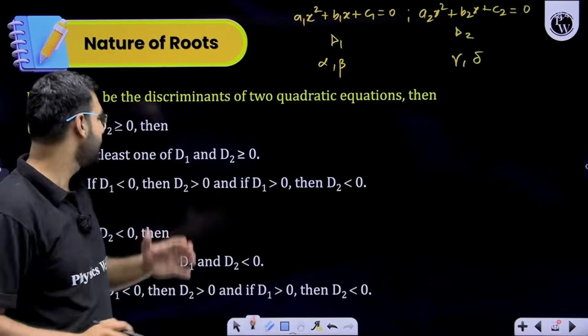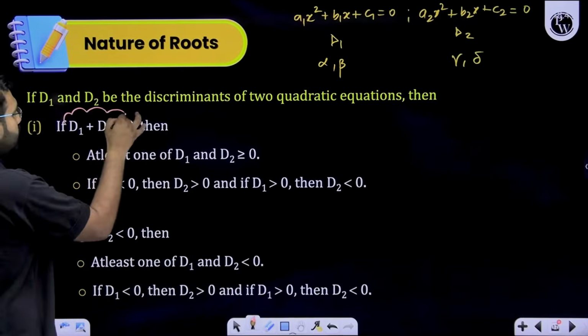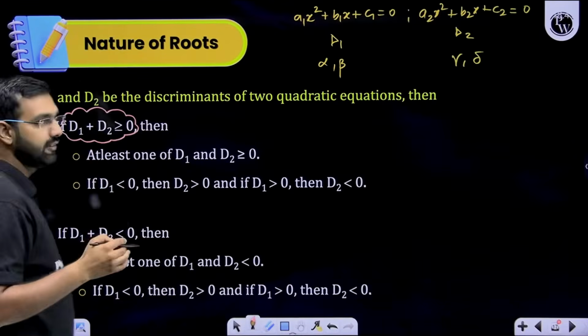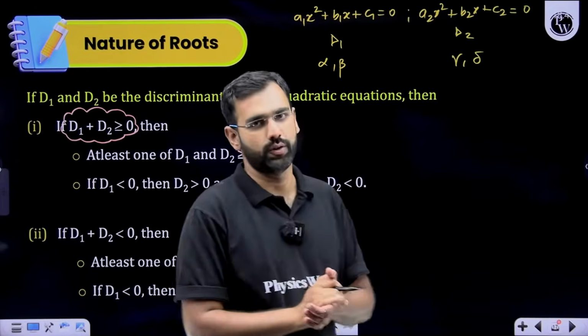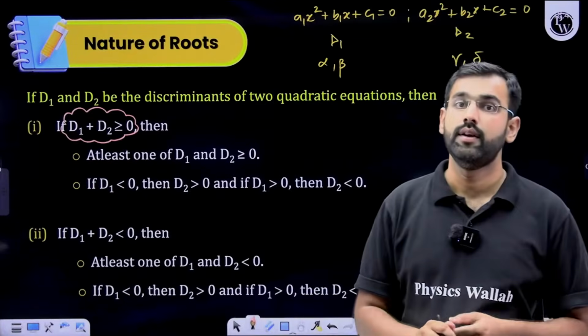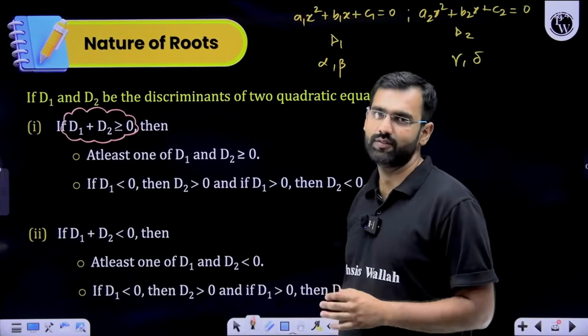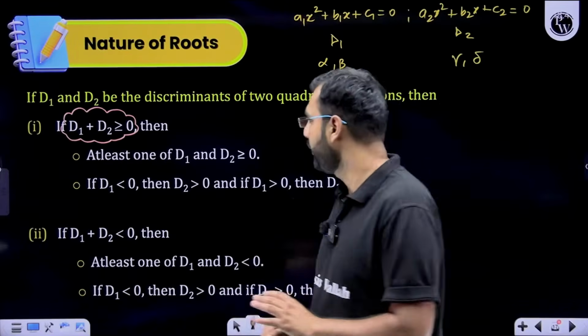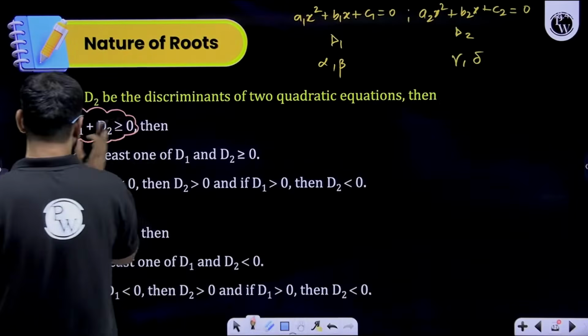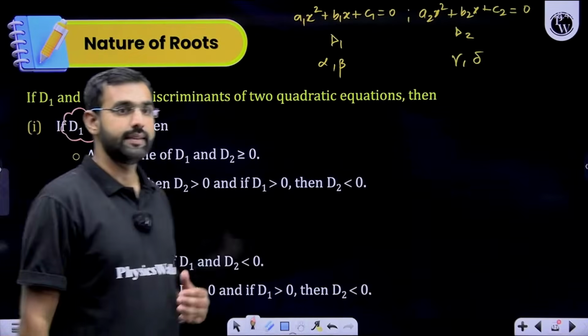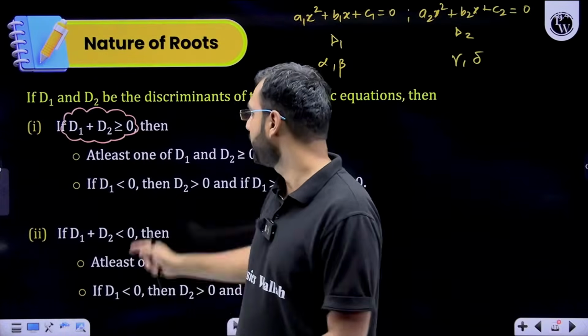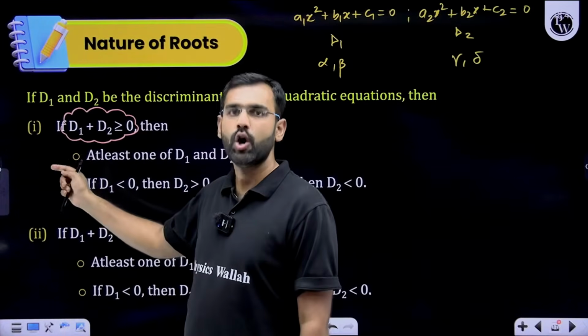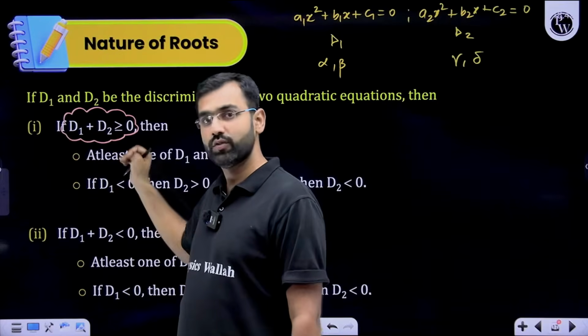Let's say somebody says d1 plus d2 is non-negative, d1 plus d2 is greater than equal to 0. Now you tell me, when can it happen? Sir, if sum of two numbers is positive, then at least one of them is positive. If this sum d1 plus d2 is greater than equal to 0, that happens only when either both are positive or at least one of them is positive.